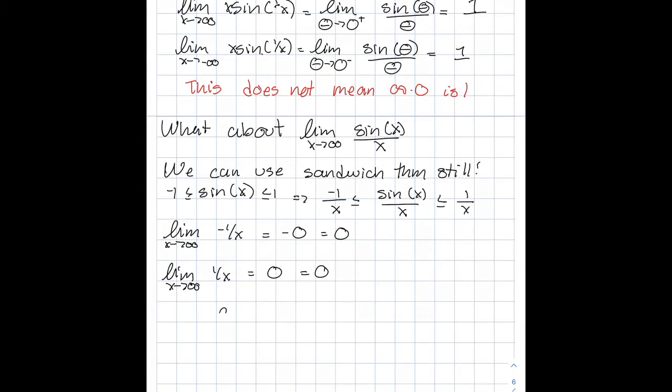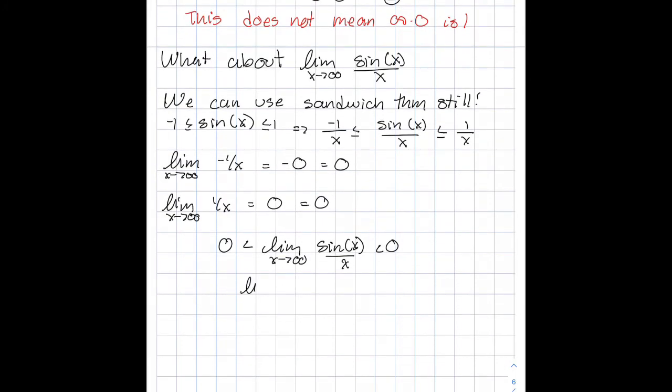So we have that the limit as x approaches infinity of sine of x over x is bounded between 0 and 0. So the limit as x approaches infinity of sine of x over x should also equal 0. Yay! All right.